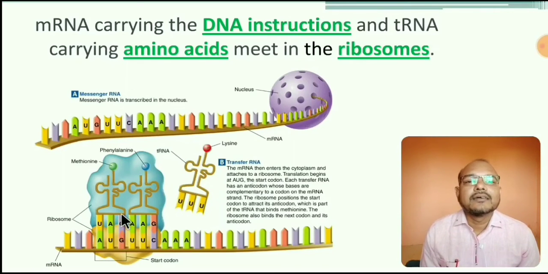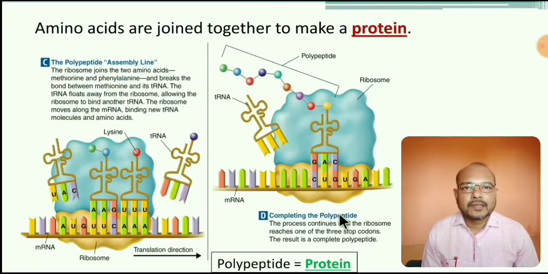So this is an animated outline to indicate how, from the nucleus and nucleolus, the mRNA is released with the codon region in the form of messenger RNA, and the transfer RNA brings the amino acid and processes on the mRNA. The amino acids are joined together to form the protein.